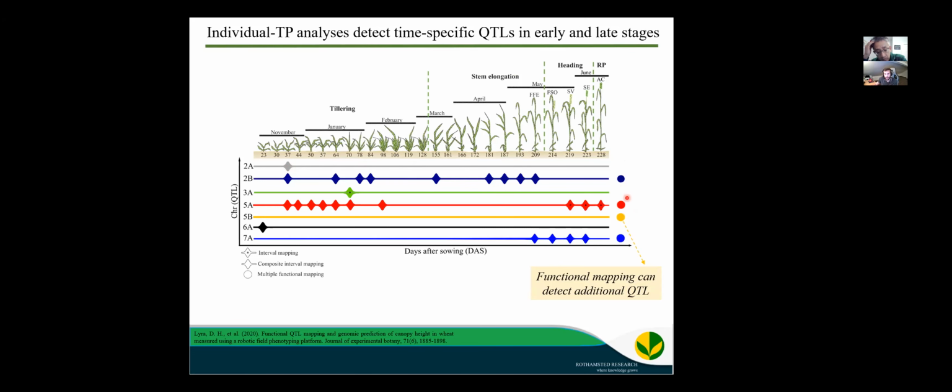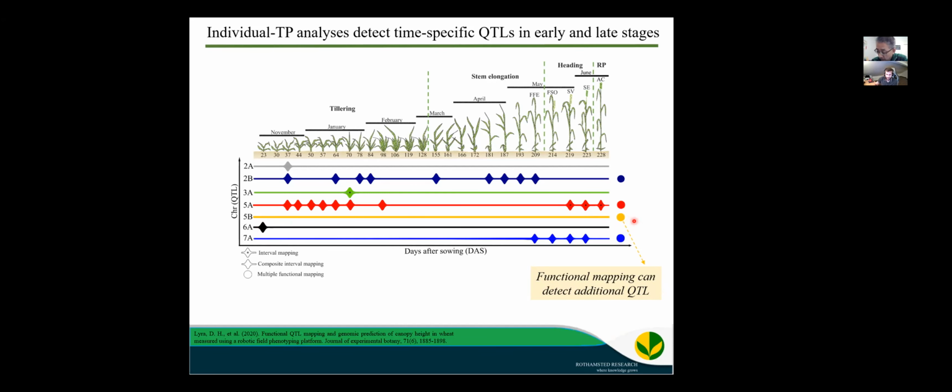Didn't pick this one, picked this one, picked this one, didn't pick this one. As you can see, the transient is quite hard for it to detect. And it picked one that was not detected in any single interval mapping. It detected an additional QTL that was not detected using the common univariate approach.